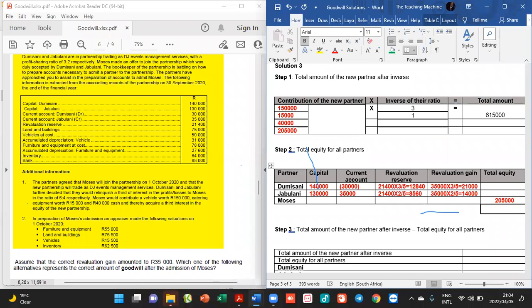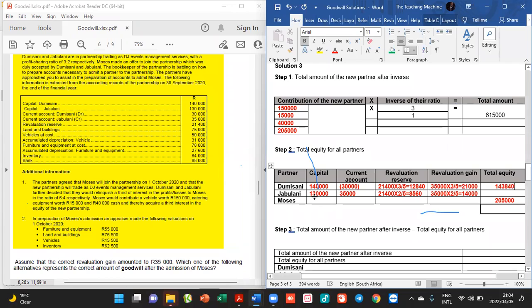Okay. So now let's sum up the equity of partners. 140,000 minus 30,000 plus 12,840 plus 21,000 is 143,840.